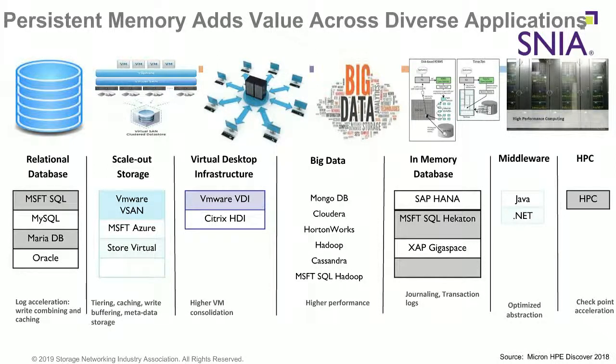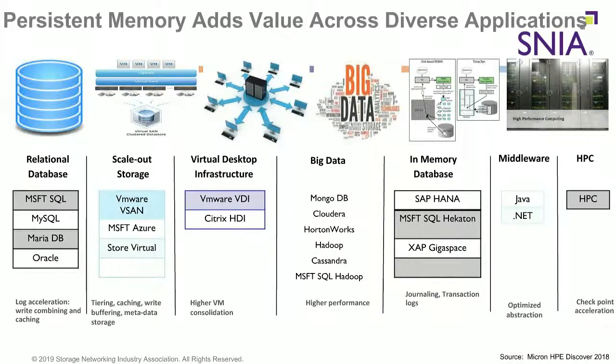For scale-out storage, VMware is actually supporting NVDIMM-Ns today. So you would be able to take advantage of this natively supported by VMware. You can do everything that you can do with vSAN as if you were using an SSD.